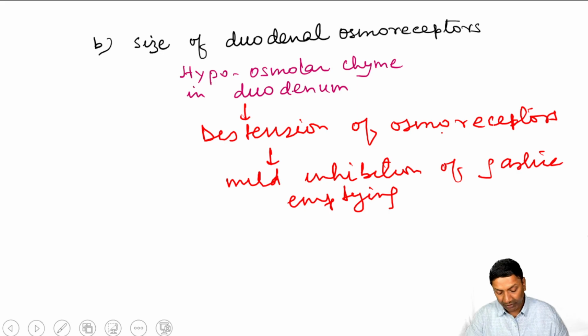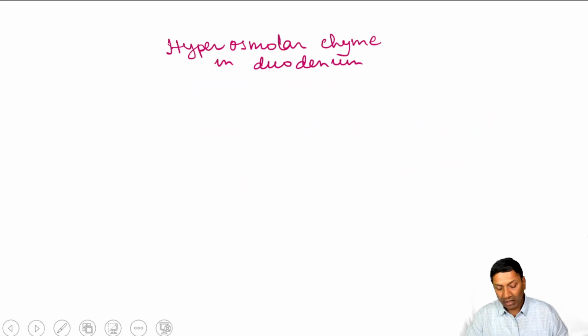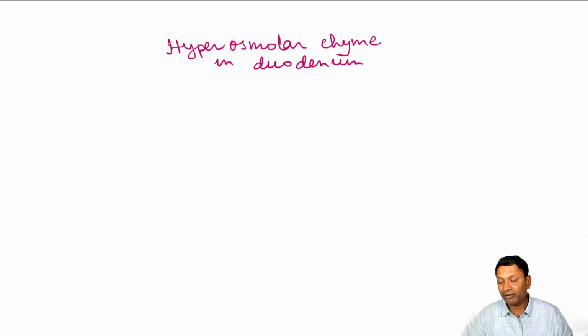But if the chyme is hyperosmolar, then this hyperosmolar chyme in the duodenum, what will it lead to?